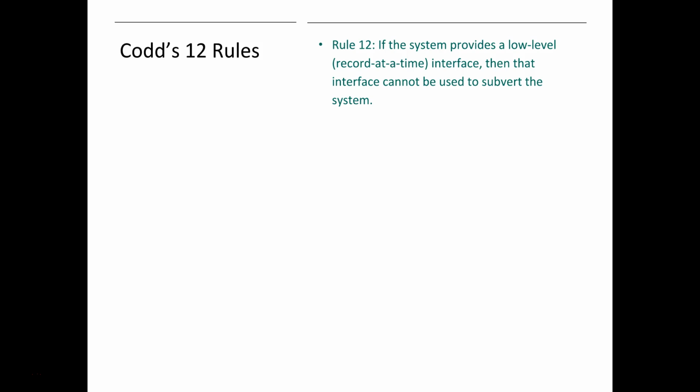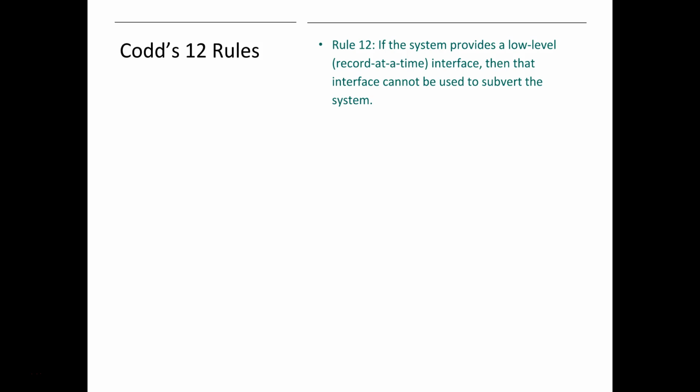It was added by a group of people after Codd's 12 rules were established, which is: if the system provides a low-level interface, then the interface cannot be used to subvert the system, which means I should not be able to modify the data using some low-level languages like assembly or something, okay, or corrupt the system. Okay, this is more of a security aspect of the rule, I would say.